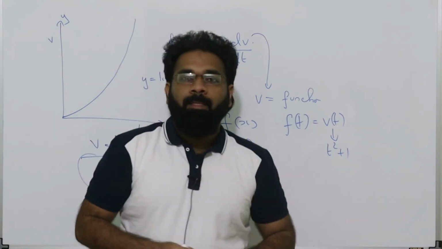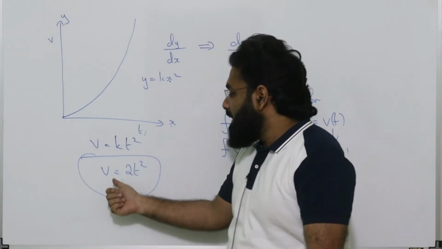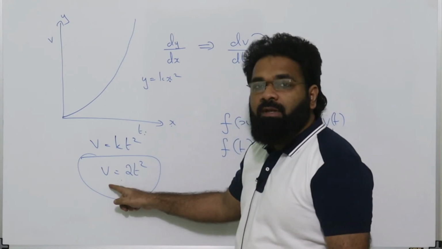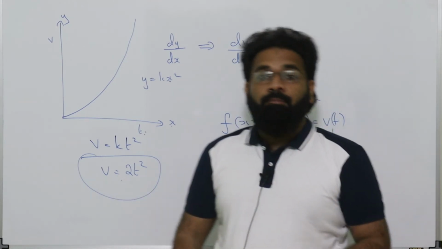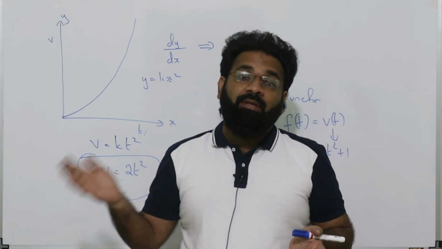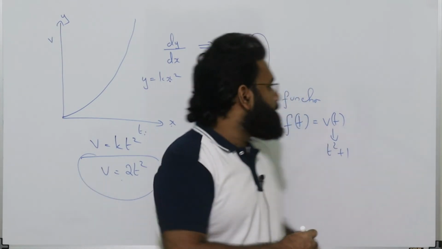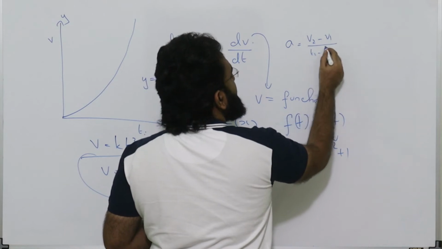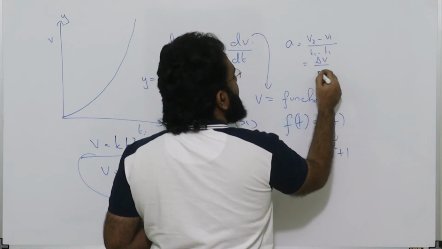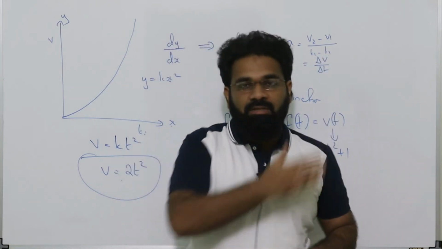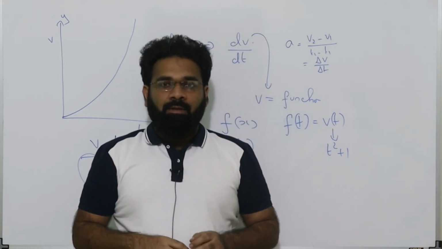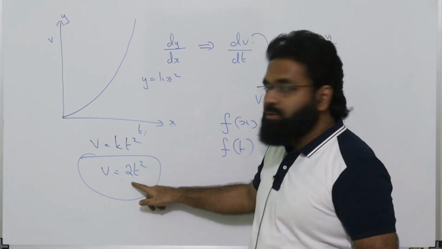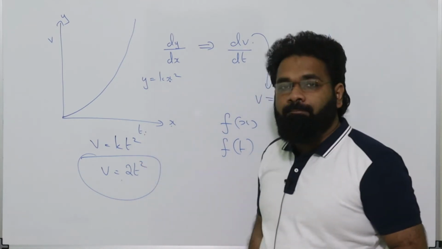We need to find the rate of change of velocity, which is nothing but acceleration. Previously, in the previous class, how did you find acceleration? a is equal to v2 minus v1 by t2 minus t1, or delta v by delta t. This is how we found acceleration. Clear or what? But here, how will we find acceleration when it is given as 2t square?